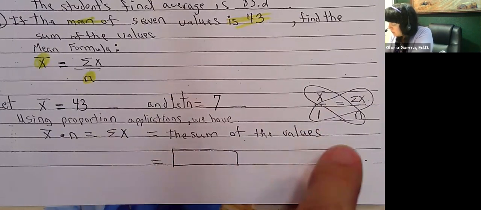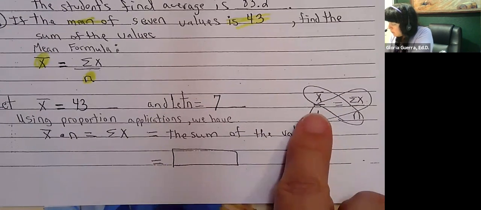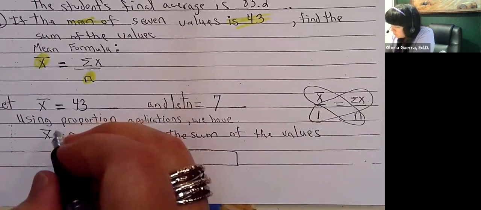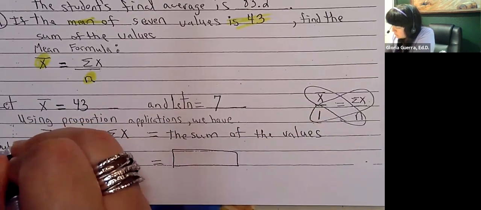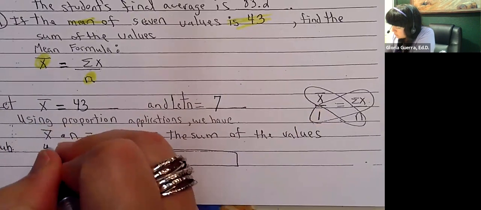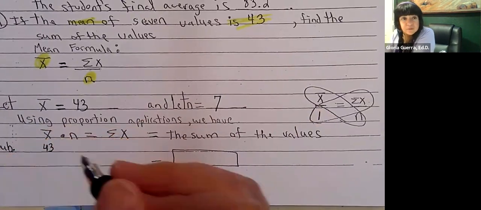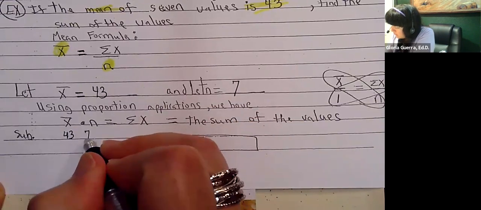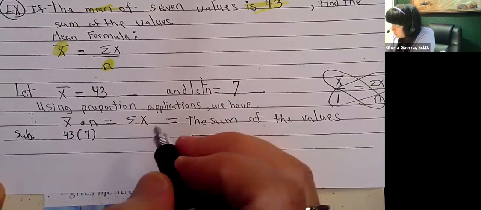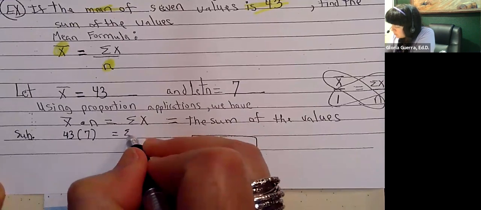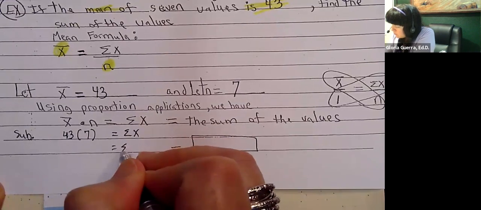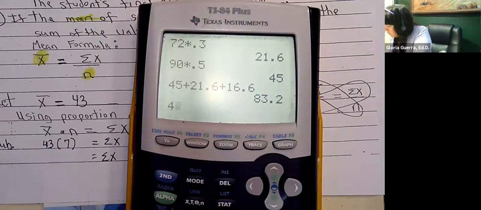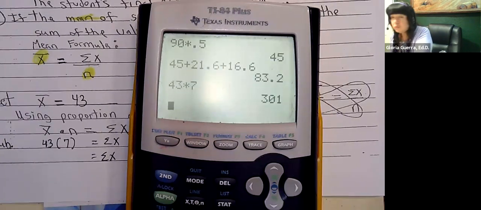Let's see, what was x bar? The mean x bar was 43. So this is substituted. We're going to sub. So x bar is 43, short for substitute, times n, which was 7. And that's supposed to equal the summation of x. So let's see what 43 times 7 is. 43 times 7 is 301.